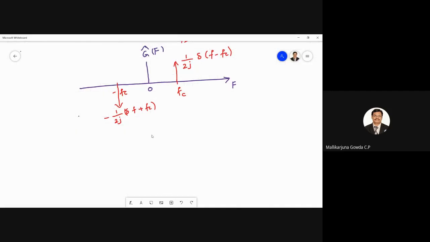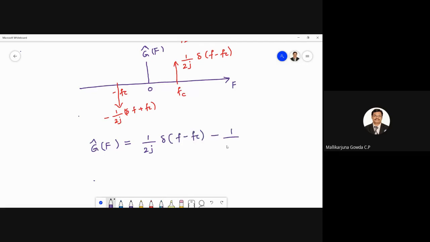Okay, so now let me write mathematically. I am expressing this g cap of f is equal to what? See, 1 by 2j del of f minus fc, right?